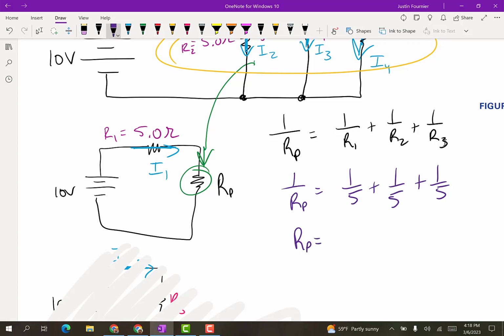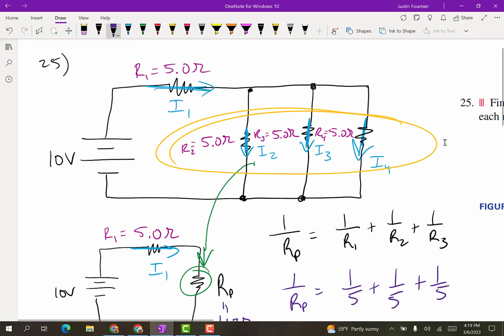So RP is going to be 5 over 3, which I think is 1.67 ohms. Let me just double check. Yep, 1.67. I should trust myself. So RP then is 1.67 ohms.